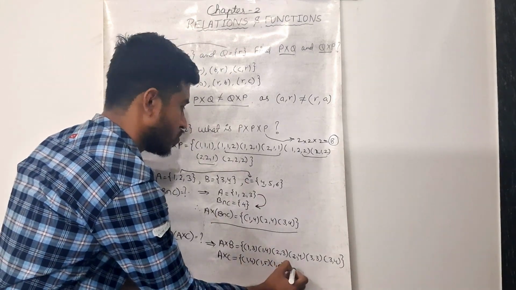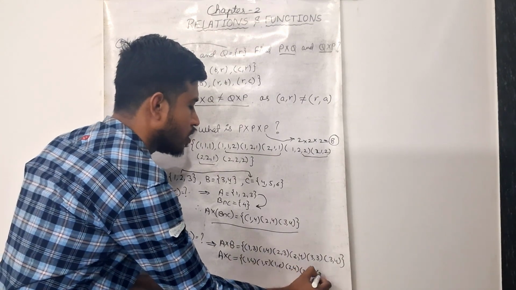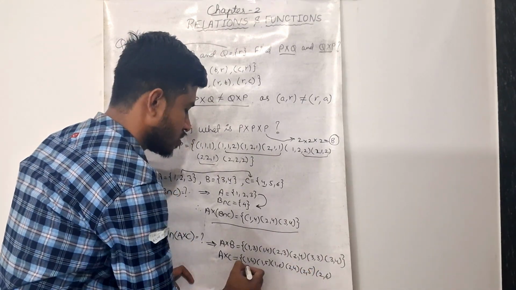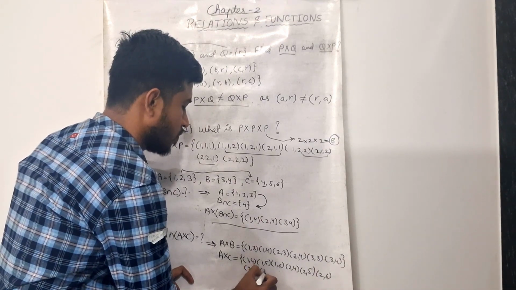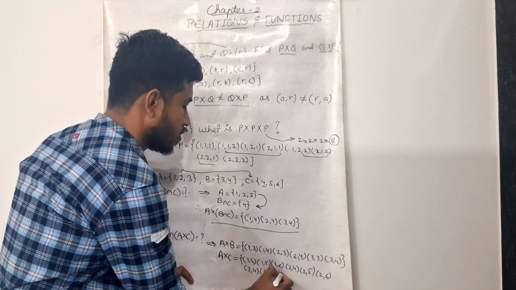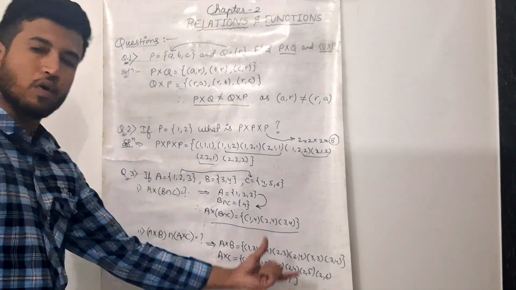Similarly (2, 4), (2, 5), (2, 6). Similarly (3, 4), (3, 5), (3, 6). These are all possible relations.